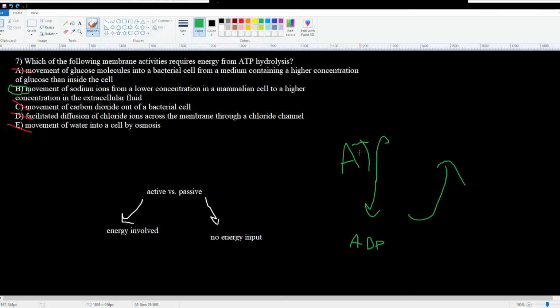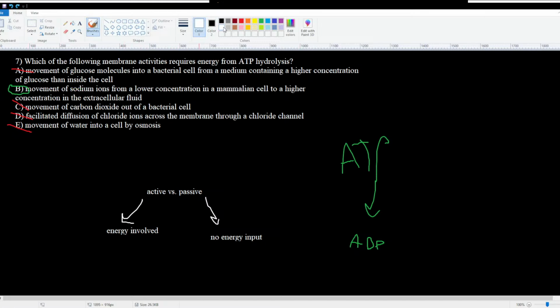It requires energy from ATP hydrolysis. So when we're requiring energy, then active transport is involved, which an example of that would be moving from lower to higher, versus passive, which is moving from higher to lower.